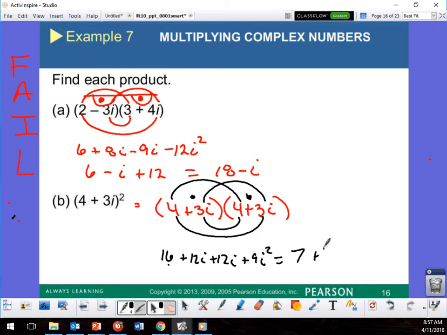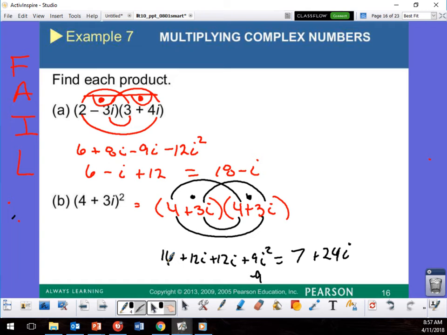And then combine like terms for my i's: 24i. So plus 24i. Wait, did you multiply your negative 1 and 9? Yes, this is going to become a negative 9. So I combined my negative 9 and my 16, which gave me the 7. Repeat that one more time.